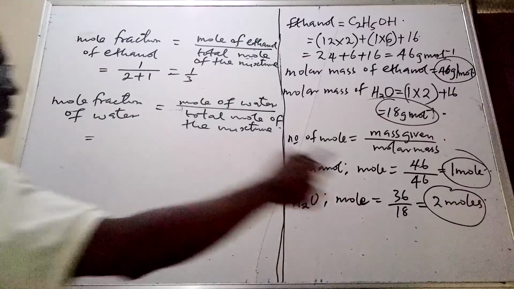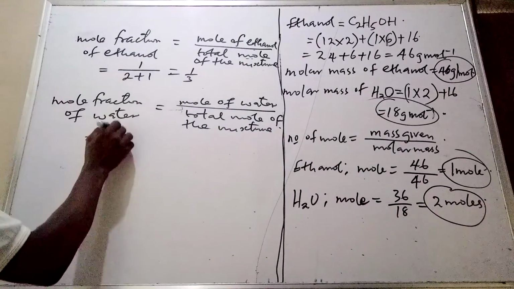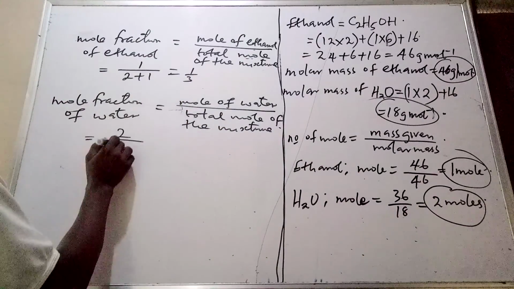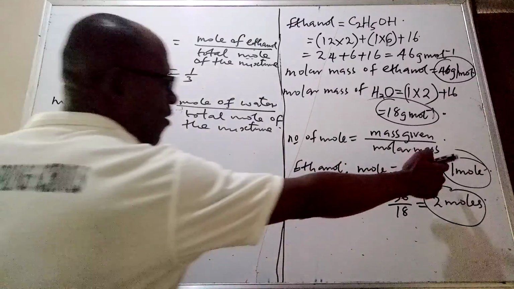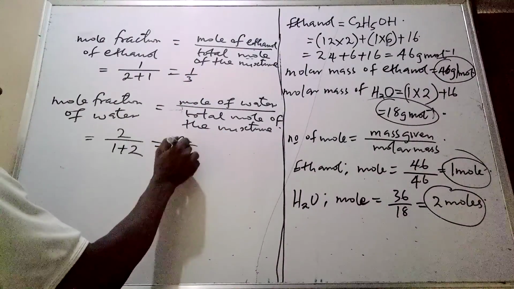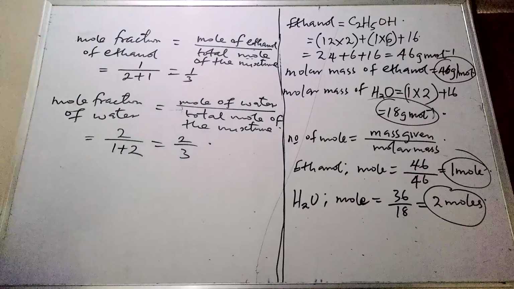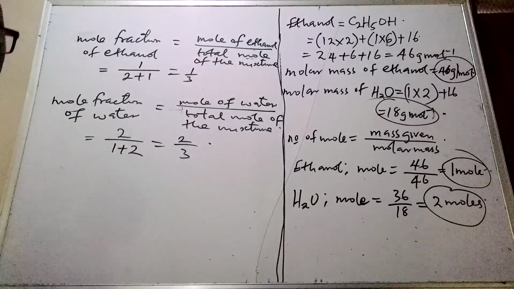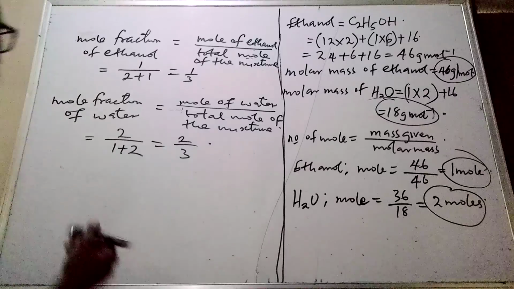So that will be 2 moles, which is for water, over total, which is 1 plus 2. That is 1 of ethanol plus 2 of water, and that will give us 2 over 3. So I've answered question 1, which is finding the mole fraction.